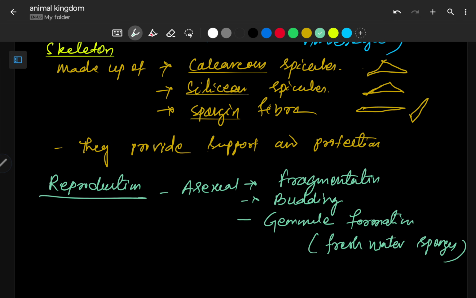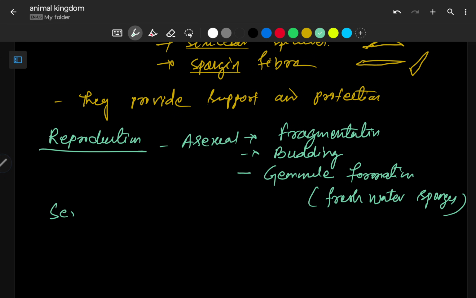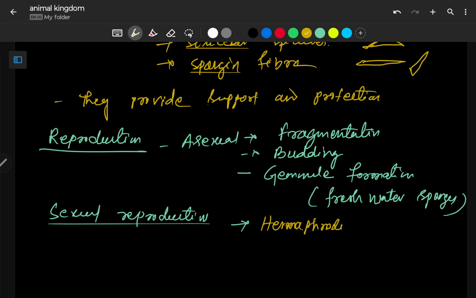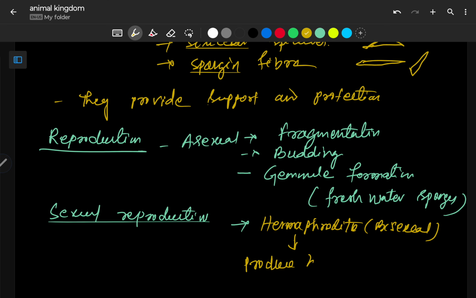Okay, and now come to the sexual reproduction. Sexual reproduction takes place, they are hermaphrodite. I will use a term here, hermaphrodite means bisexual, means both male and female sex organs are present in the same individual, so they produce both eggs and sperms.